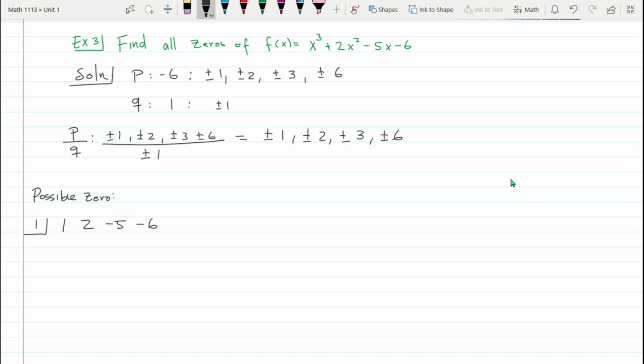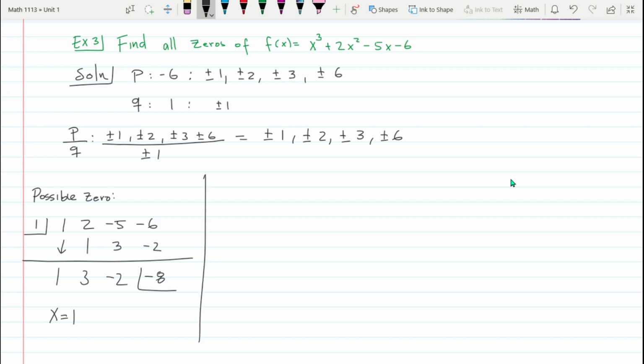And then we're going to do synthetic division. We see that by trying the value x equals 1, we get a remainder of negative 8. So 1 is not a rational zero.